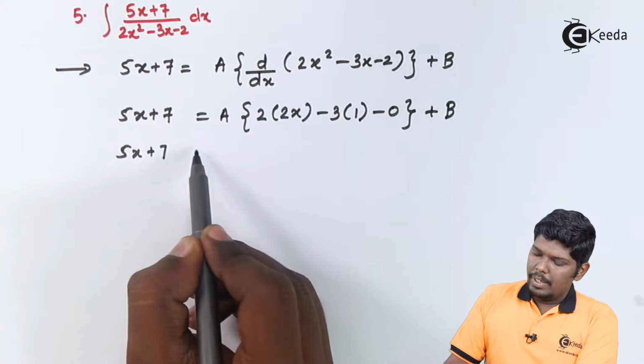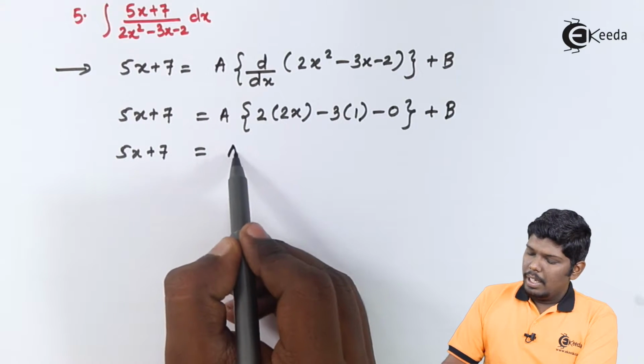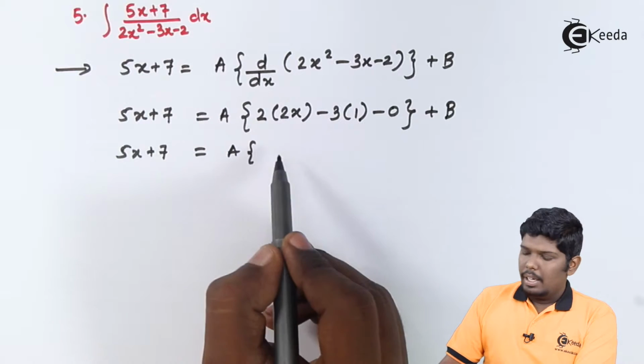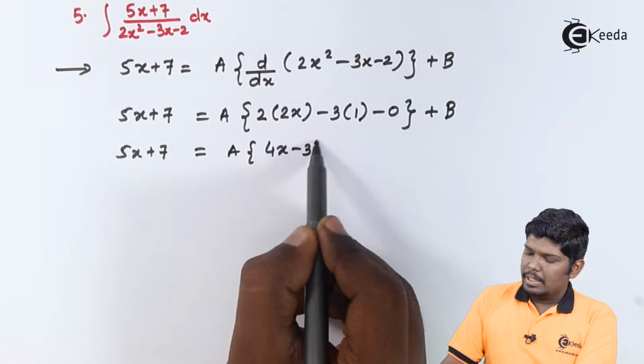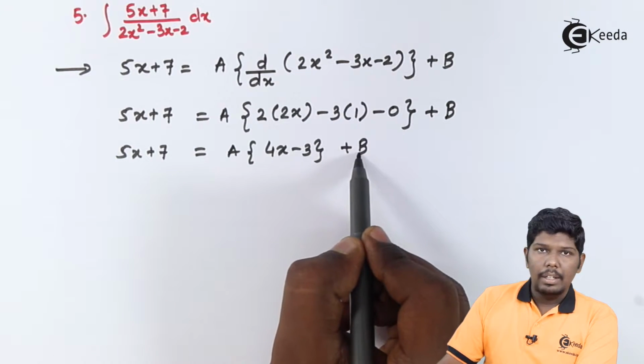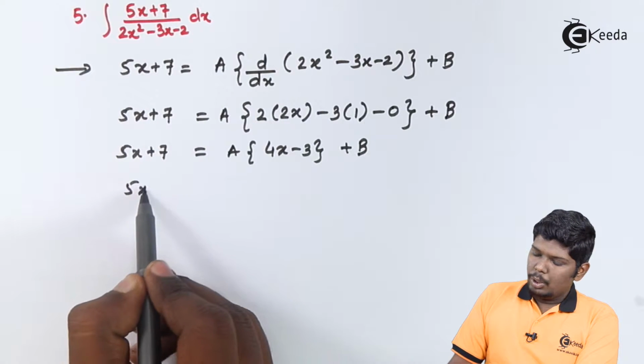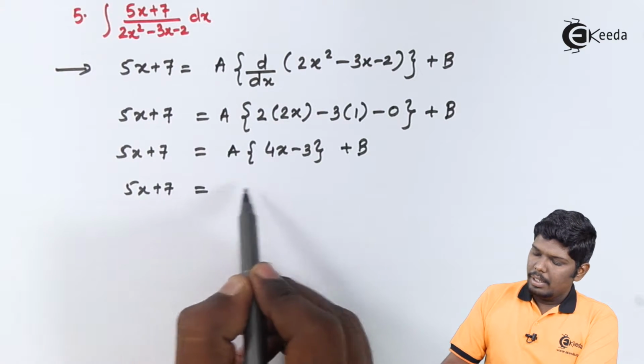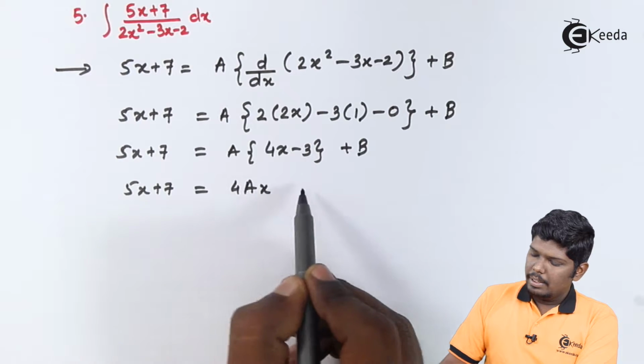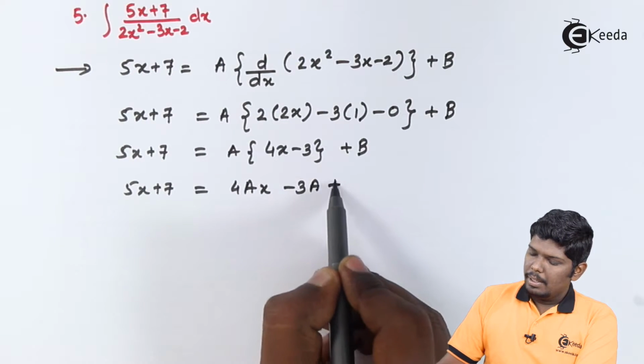Therefore, 5x plus 7 is a into 4x minus 3 plus b. On further solving, we have 5x plus 7 as 4ax minus 3a plus b.